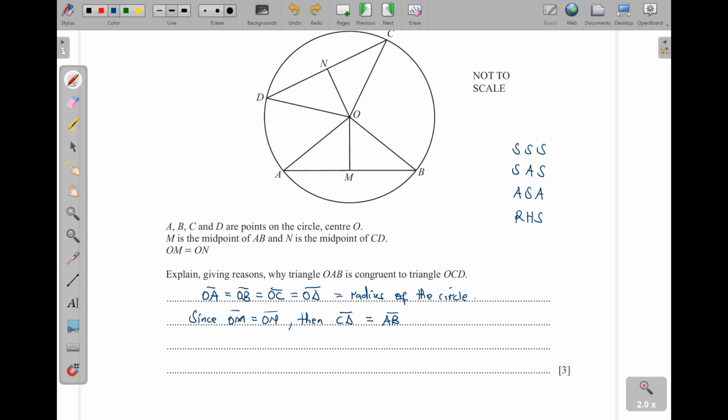So we will say that triangle OAB is congruent to triangle OCD, and then we conclude that the criterion used is side, side, side, just like that.